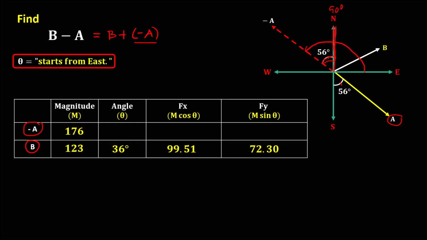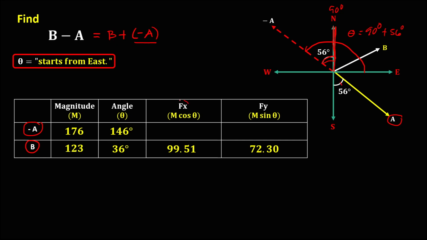This angle is inside the rotation, so we need to add these two angles. So this is 90 degrees plus 56 degrees. Therefore, theta for vector negative A is 146 degrees.